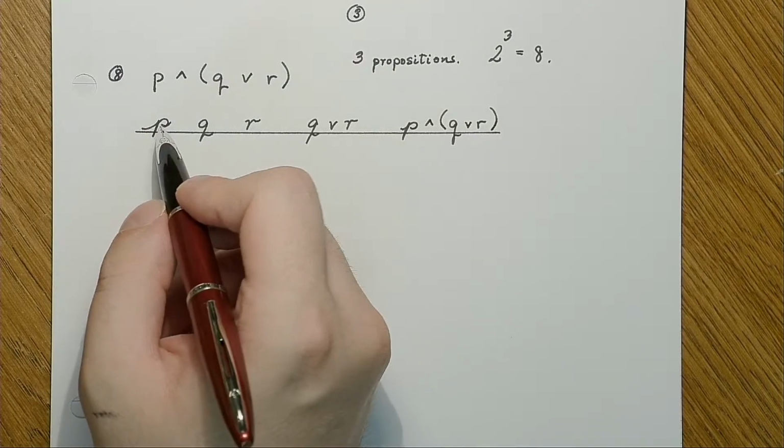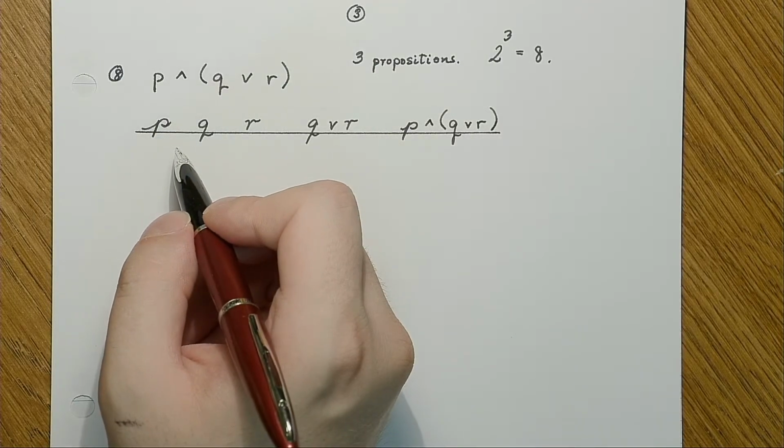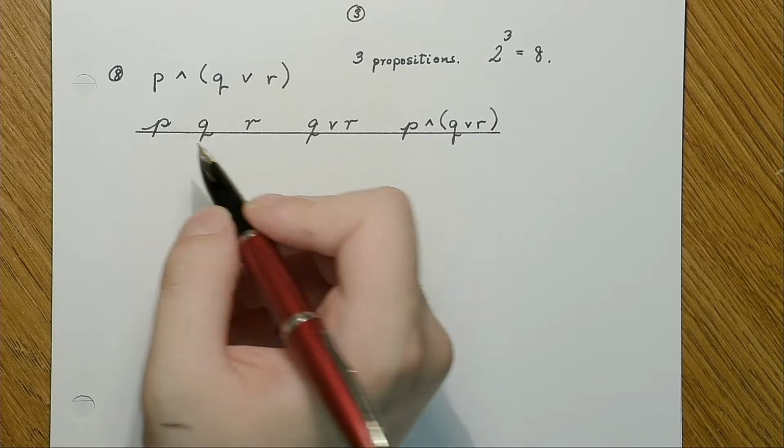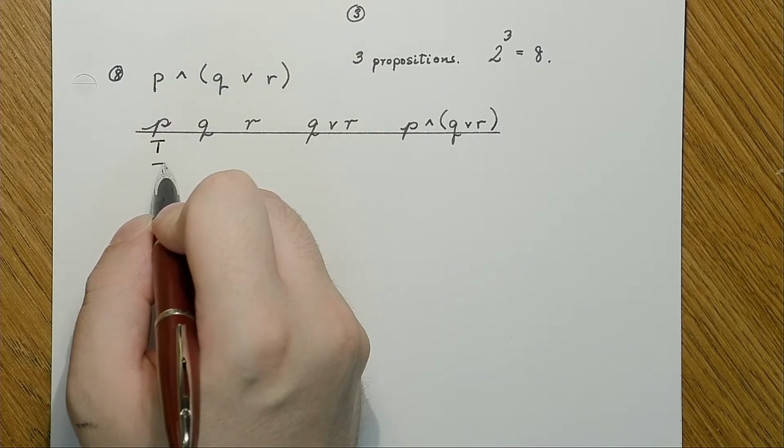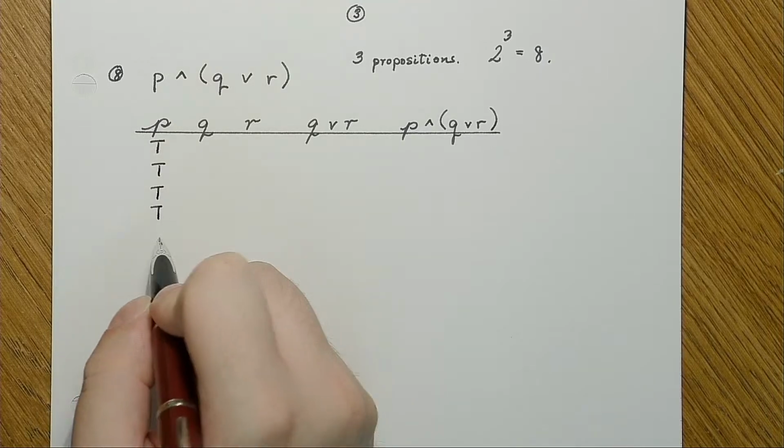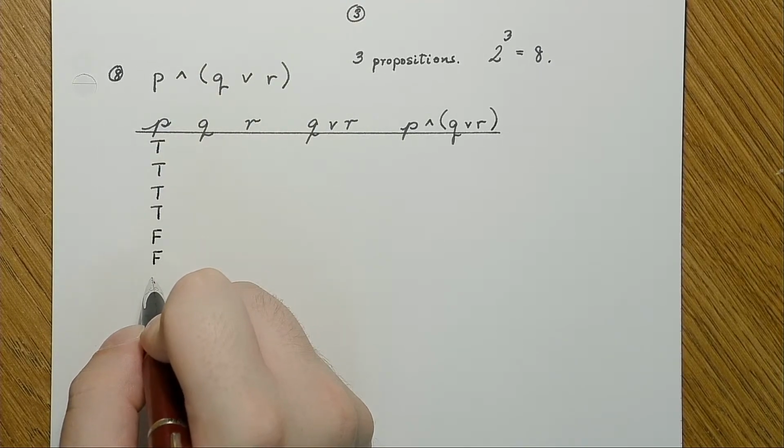So for the first one, half of those 8 are going to be true and half of those are going to be false. So I should have 4 trues and 4 falses.